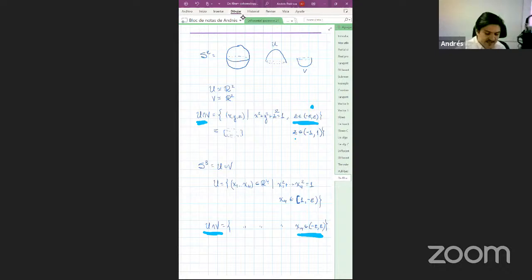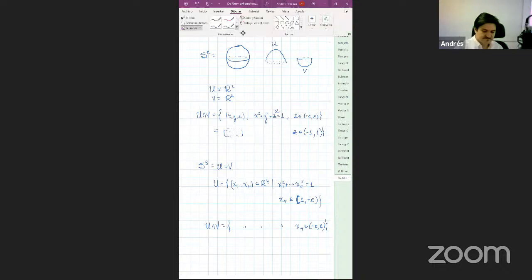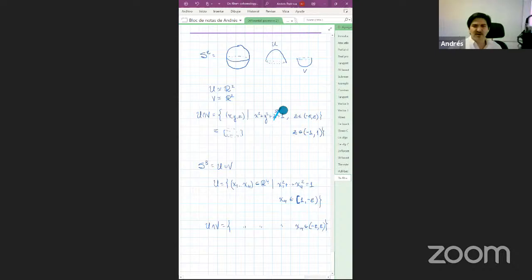Right. If you shrink the interval minus epsilon, epsilon, what happens? This is 0 and you get the circle. So you lower one dimension.